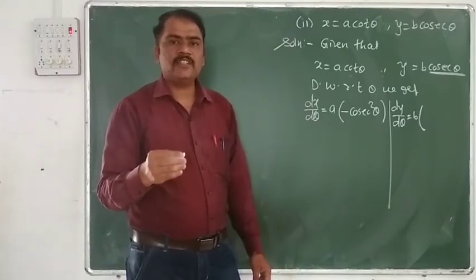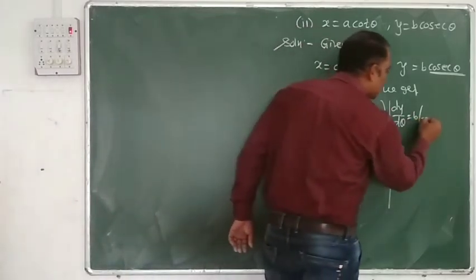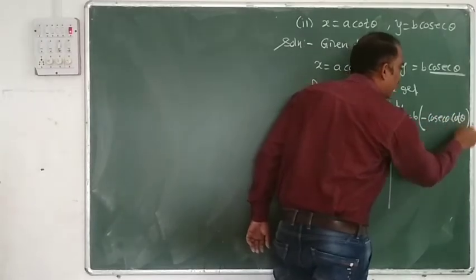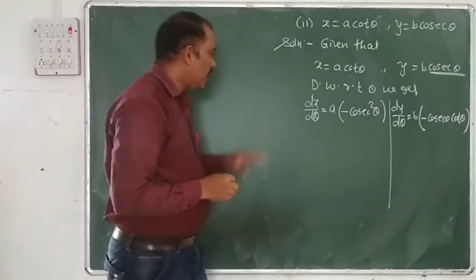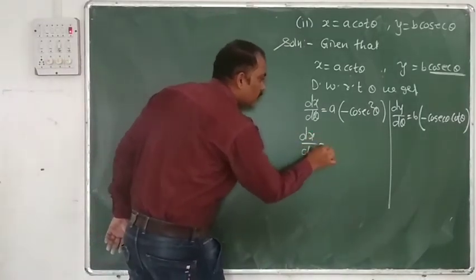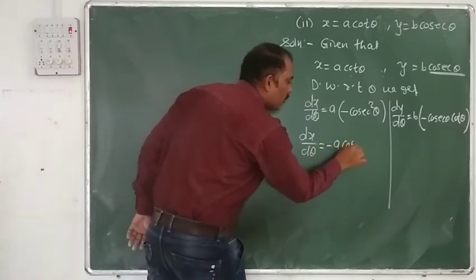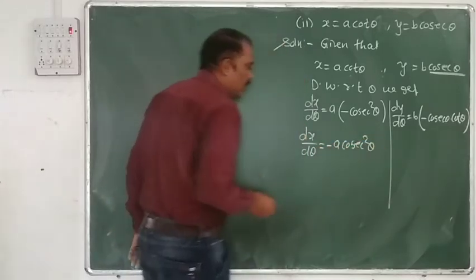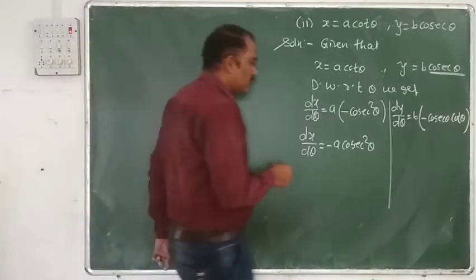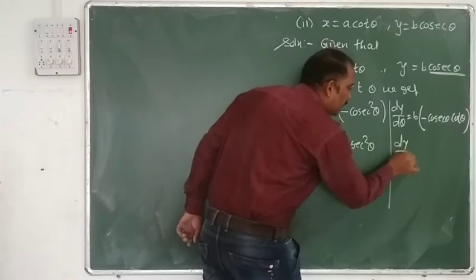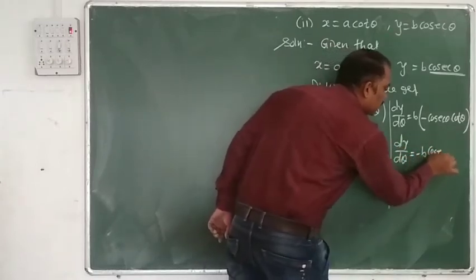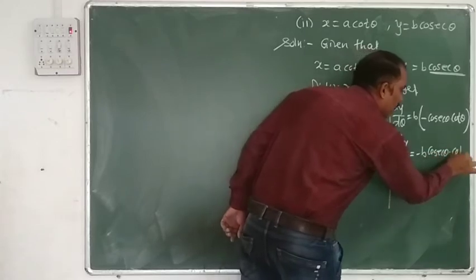Minus cosec theta into cot theta. So I will rewrite it as it is: dx by d theta is equal to minus a cosec square theta, and dy by d theta is equal to minus b cosec theta into cot theta.